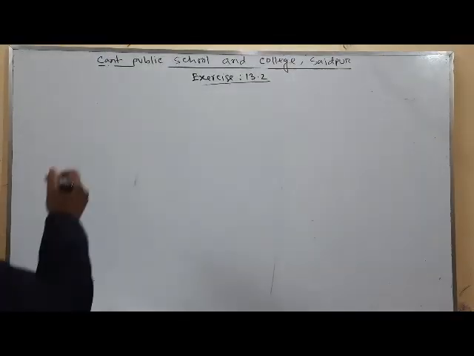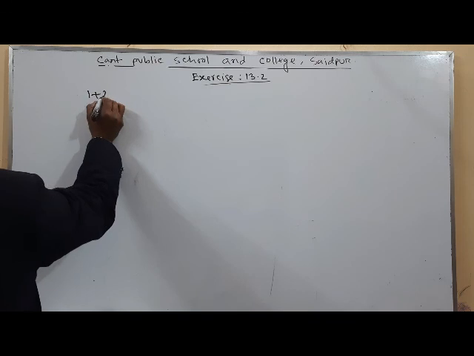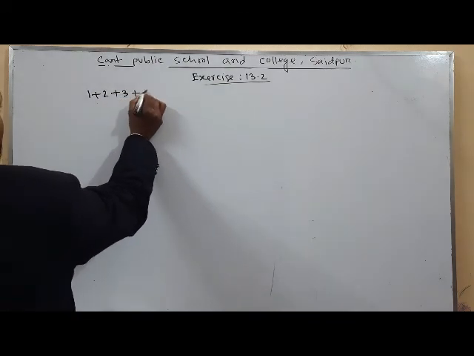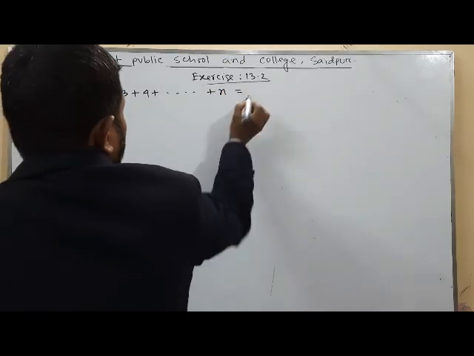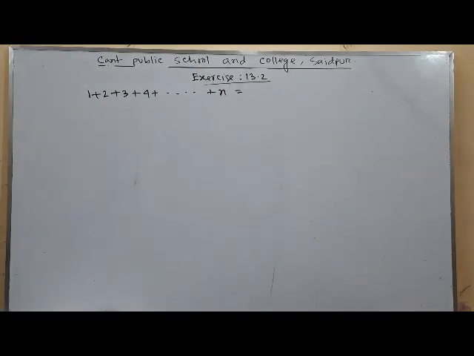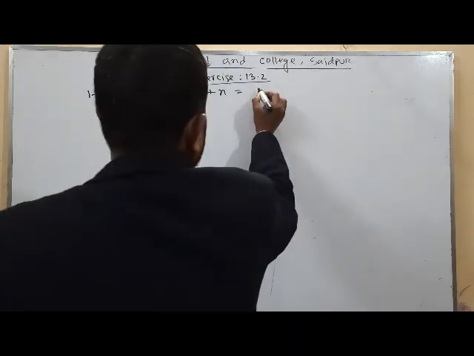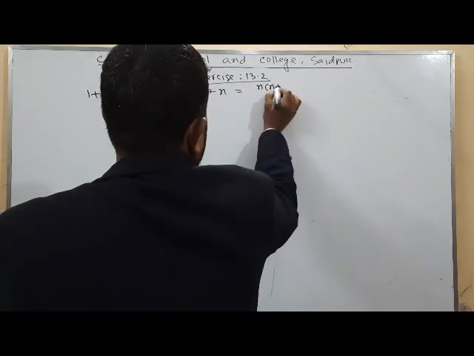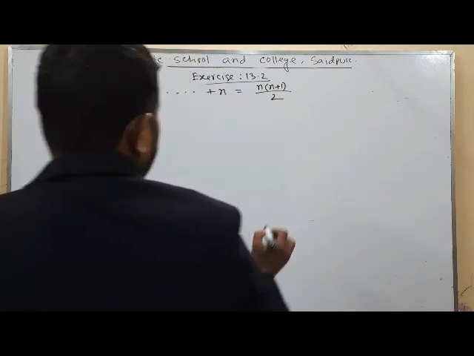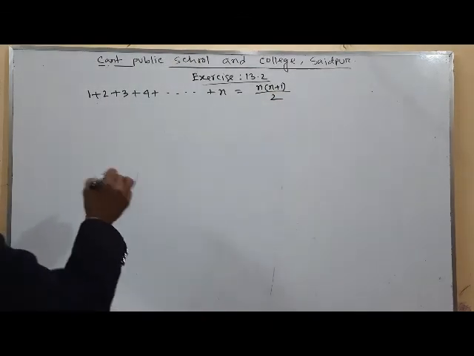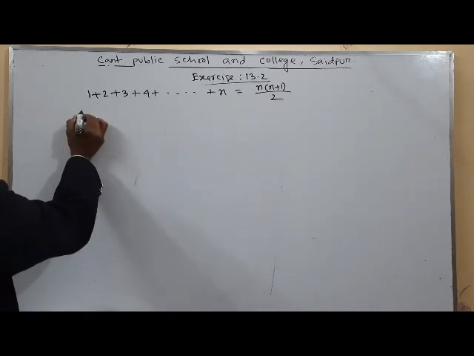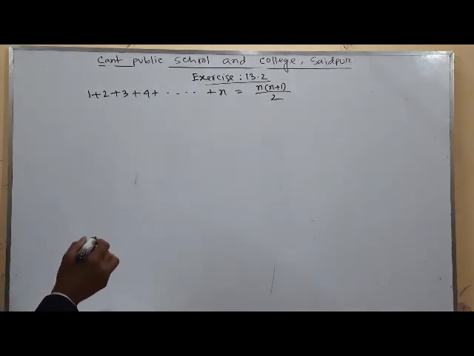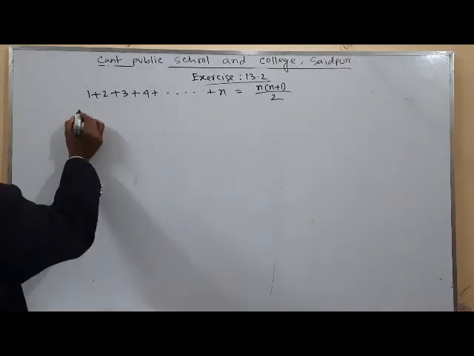You know 1 plus 2 plus 3 plus 4 up to n terms, that is the sum of first n natural numbers, is equal to n into n plus 1 by 2. With the help of this, I will find the sum of square of first n natural numbers.